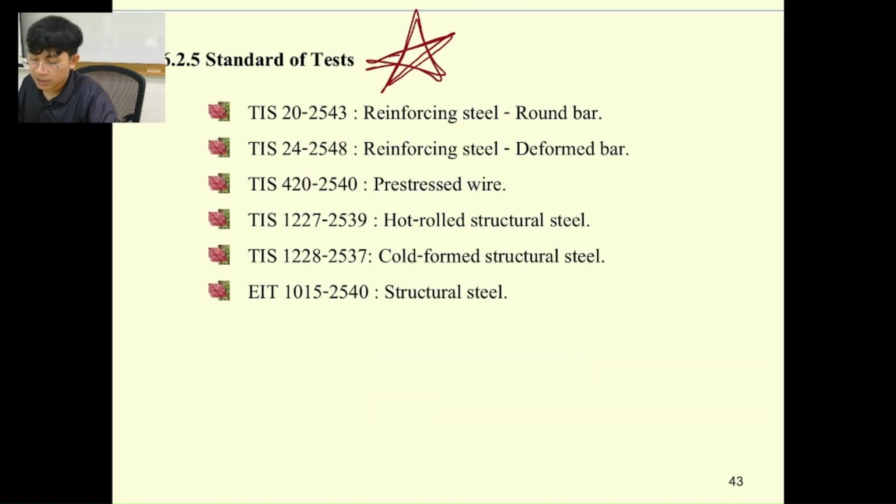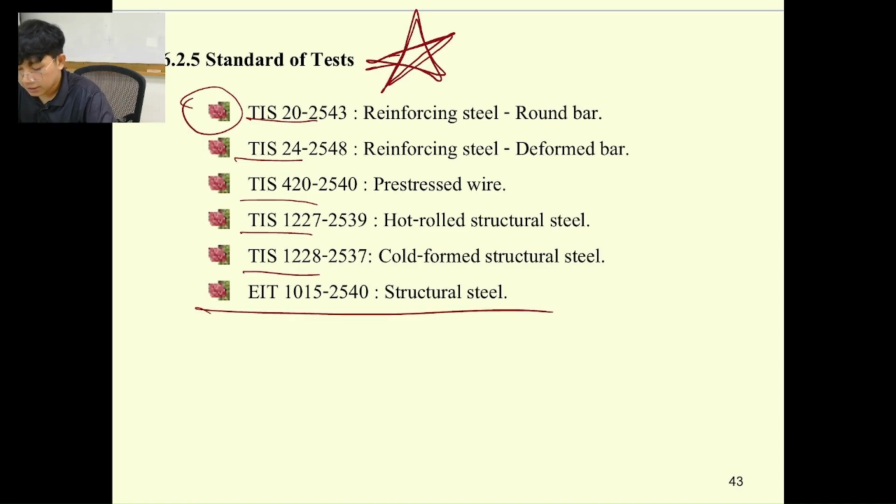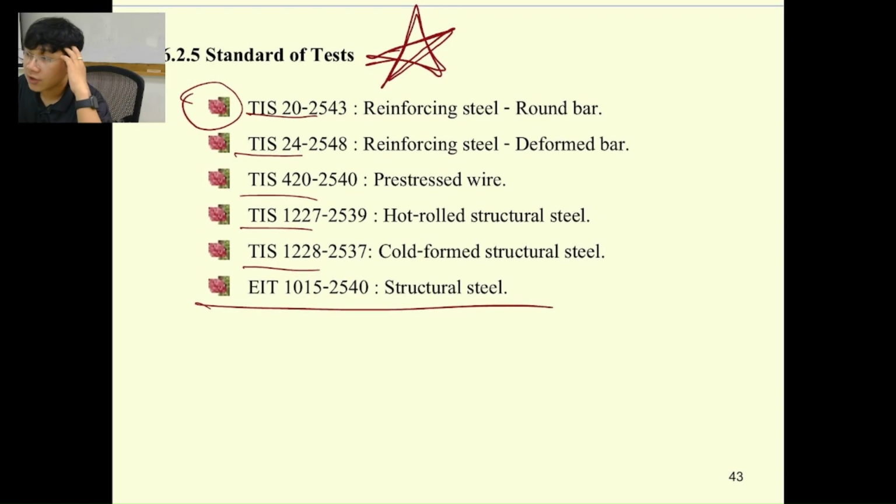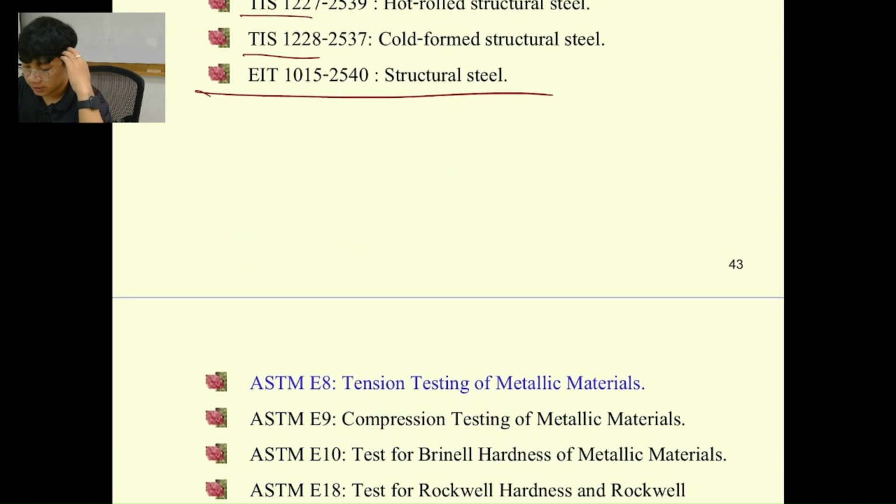In the examination you'll be asked what is TIS 20, 24, 240, 1227, 1228, and lastly the EIT 1015. I'm going to ask you one by one. I'm going to pick 2 or 3 of these for 3 or 4 questions from this slide, to make sure that you know the TIS numbers.